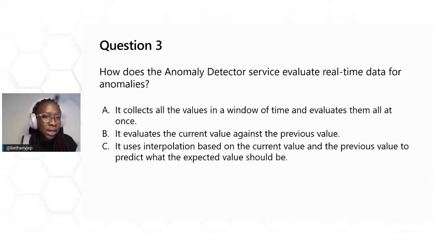A, does it collect all the values in a window of time and evaluate them all at once? B, does it evaluate the current value against the previous value? Or C, does it use interpolation based on the current value and the previous value to predict what the expected value should be?